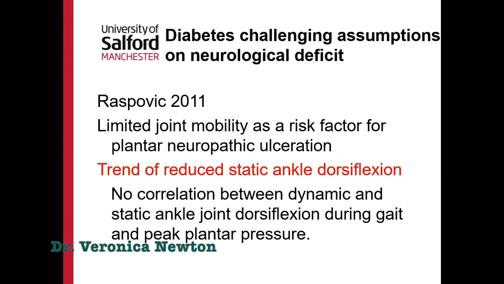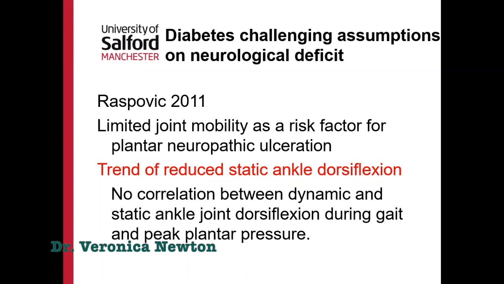Anita Respovich and the team in Australia looked at the area of limited joint mobility as a potential risk factor for plantar foot ulceration, and limited joint mobility is thought to be associated with neurological deficit. And within the area of limited joint mobility, there is a trend of measuring static ankle joint dorsiflexion as a surrogate measure for limited joint mobility.